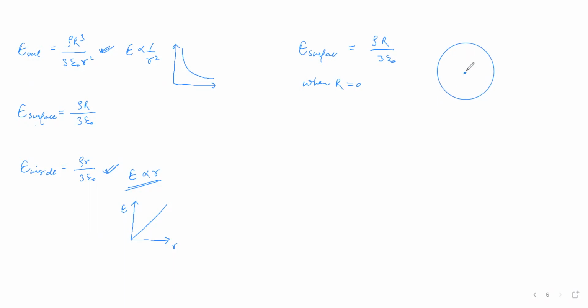Because at the center, your R is 0. At the center, when you put R equal to 0 in the above equation, your value of E will be 0.